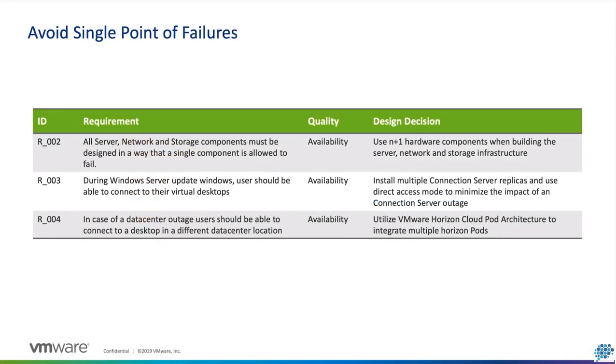For example, all service, network, and storage components must be designed in a way that they can tolerate the failure of one component. So we have a classical N+1, N+2, N+M design that is built in a way that those components can fail without having any impact.